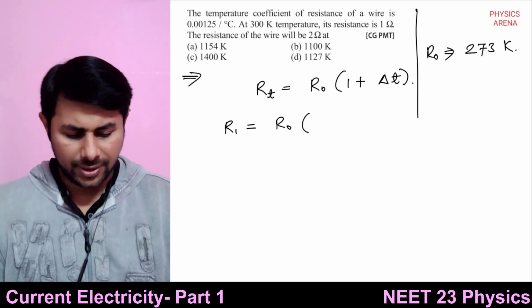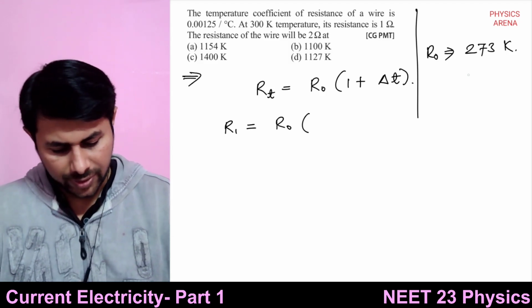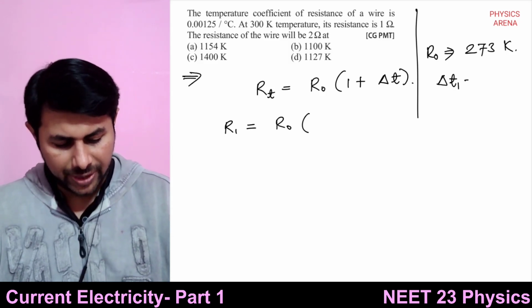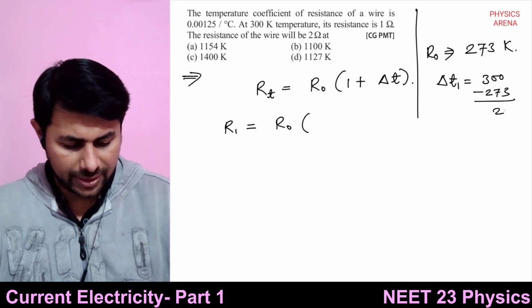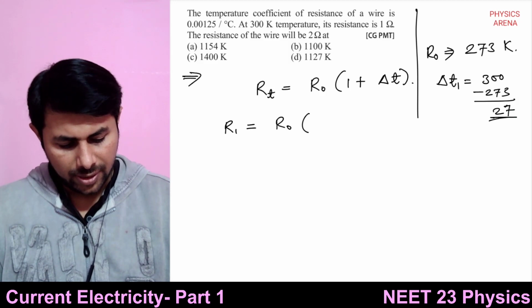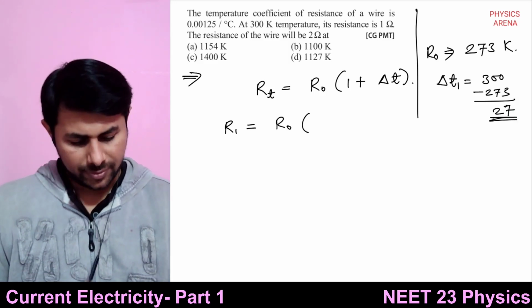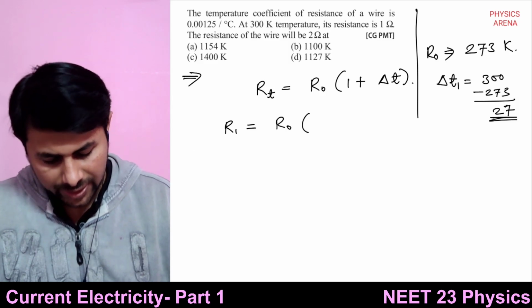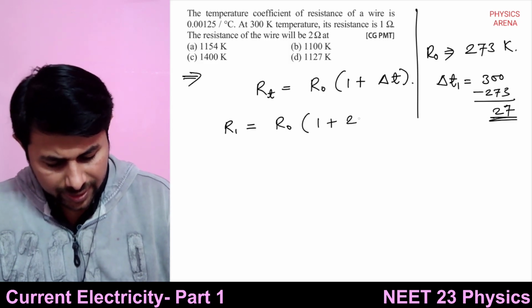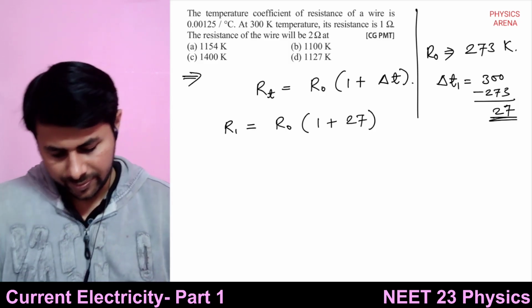Right. Delta T1 we can say is 300 minus 273, which is 27 degrees Celsius. Okay. This R1 is R0 times 1 plus delta T, which is 27.